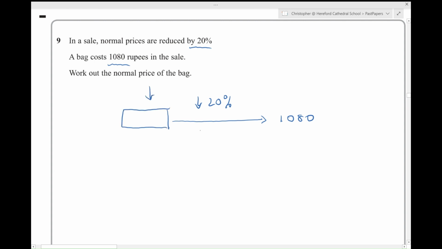If I was going forwards, I'd have multiplied the original amount by 0.8 to work out what it would be after a 20% reduction. So I'm needing to do 1080 divided by 0.8 this time. 1080 divided by 0.8 gives me an answer of 1,350 rupees.